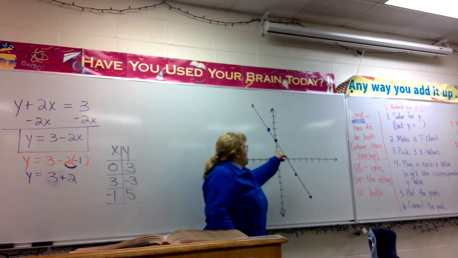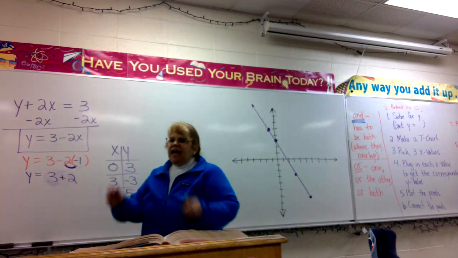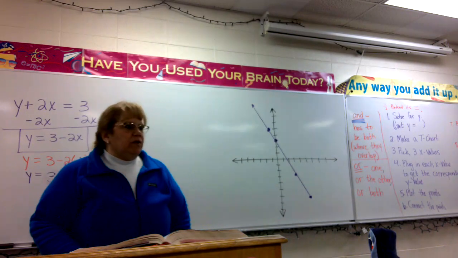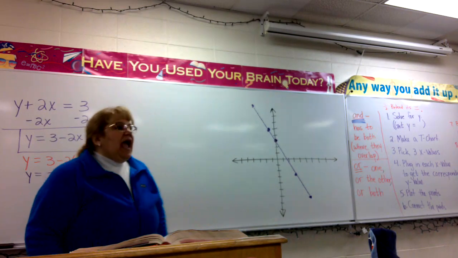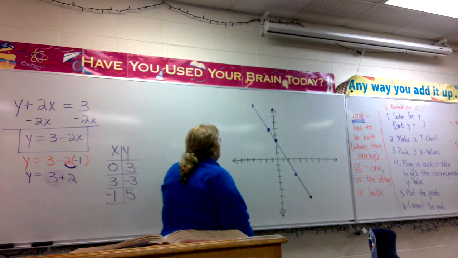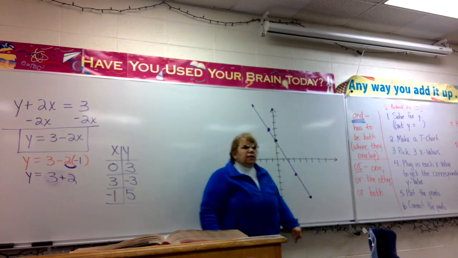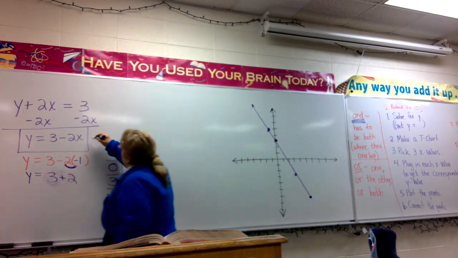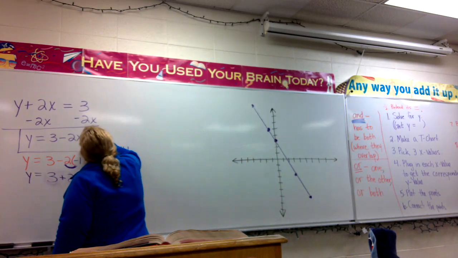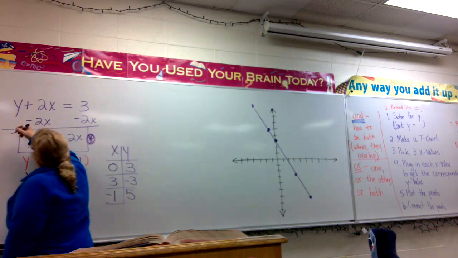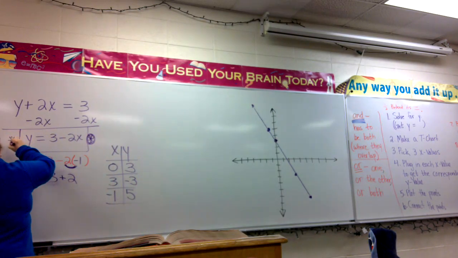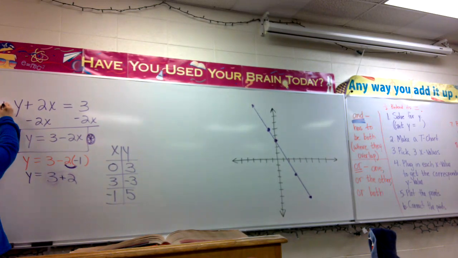Would you agree that every single one of those points has an XY pair that goes with it? And every single one of those XY pairs will work in this equation. And by the way, if it works in that one, it's going to work in the original one as well.